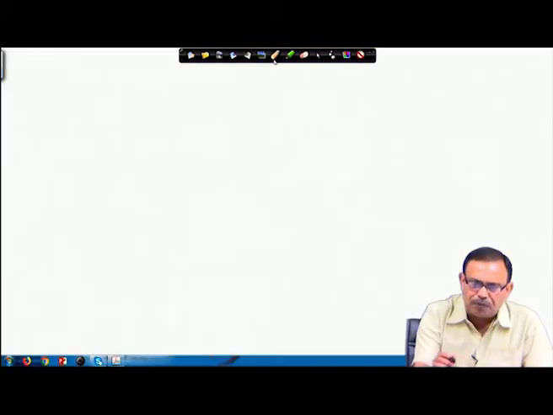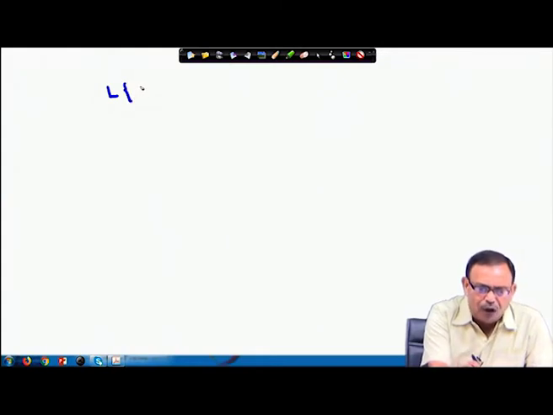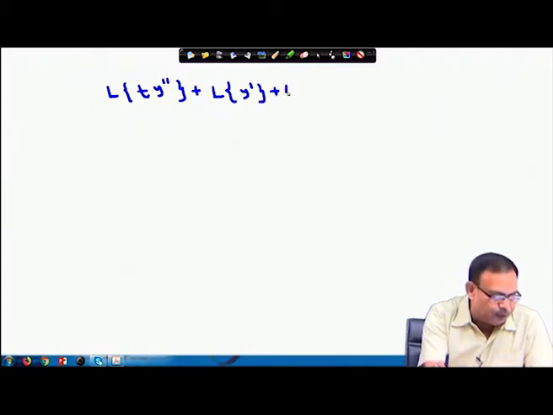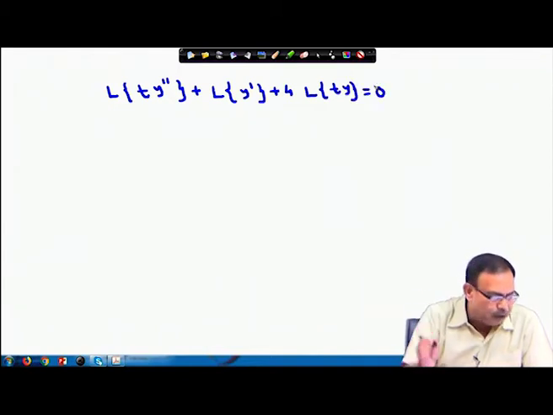Let us see the solution process for this type of problem. So, what is happening here? If I take the Laplace transform of the given equation, it will be Laplace transform of t y double dash plus Laplace transform of y dash plus 4 into Laplace transform of t y equals 0.